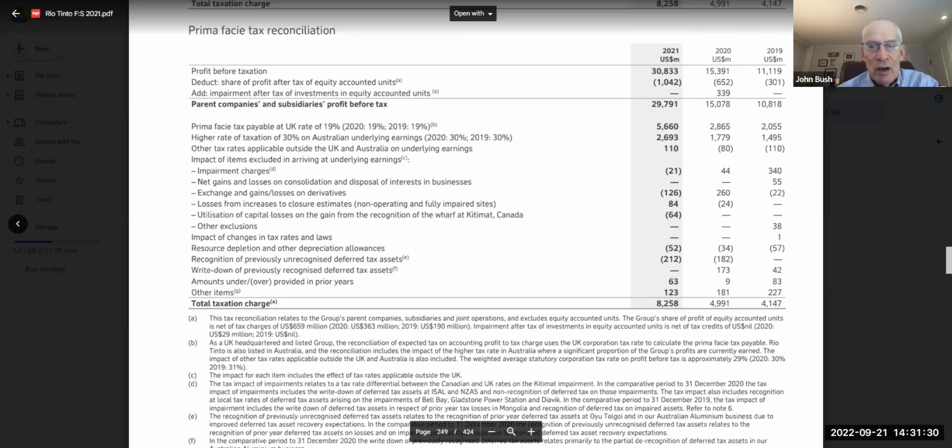But in Rio Tinto's case, they aren't significant. If you get into some of the technology companies, you'll see very, very significant differences in a page like this. So in any event, this is the reconciliation of the statutory tax rate to the actual rate of tax being paid by the company. Okay, I think we've looked enough at that. We're going to go back to the slide deck. If you could, Warida, please.